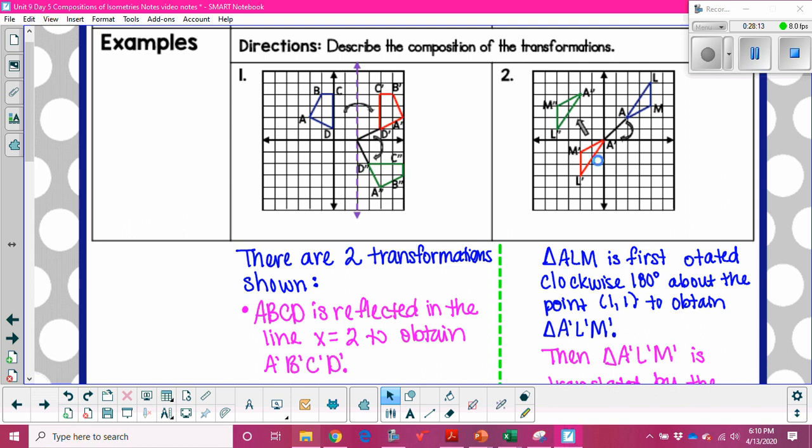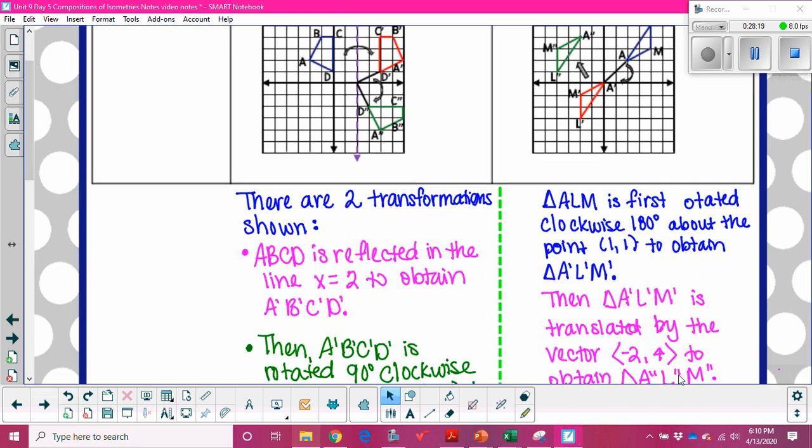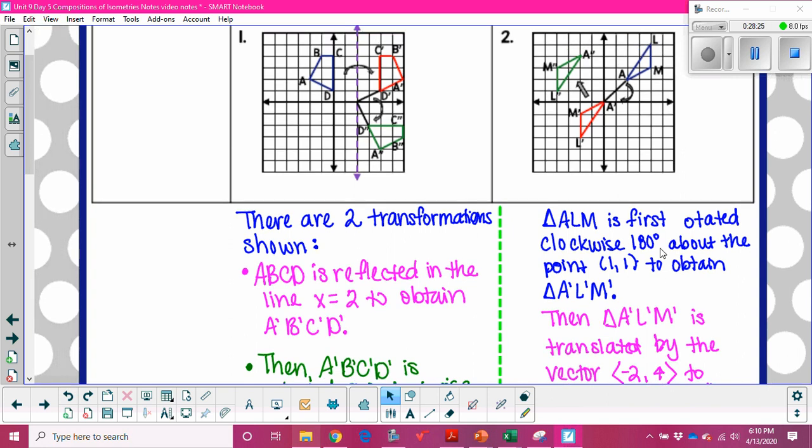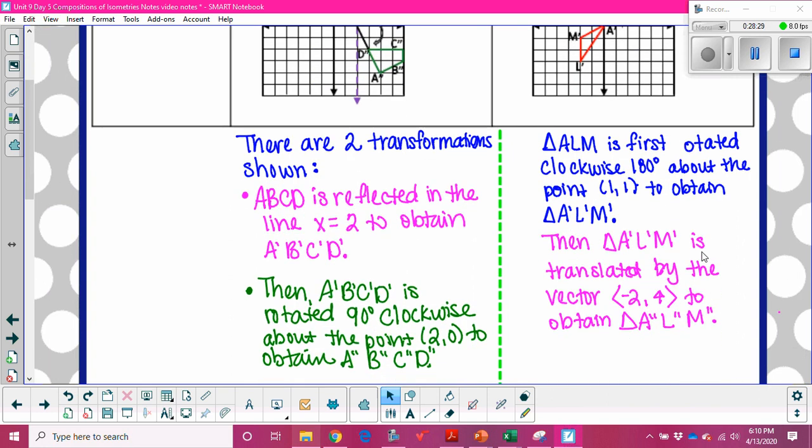And then you took the red triangle right here and you slid it up. You translated it by the vector <-2, 4>, which means you shifted it to the left 2 and up 4 to obtain this green triangle right here. All right, so that concludes day 5, the composition of isometries.